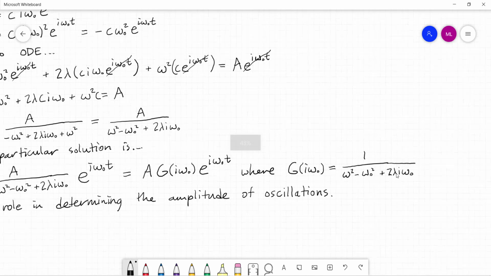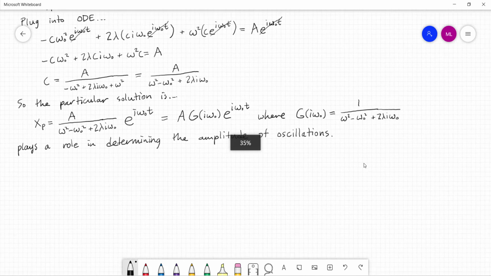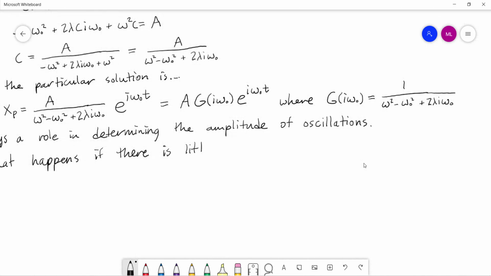And so I want to think about what happens in a couple of cases. What happens, for example, if there's little to no damping? So little or no damping, meaning that lambda is basically 0.